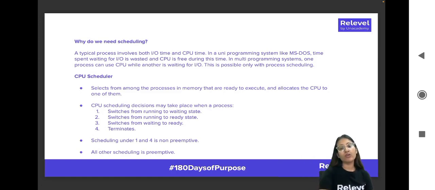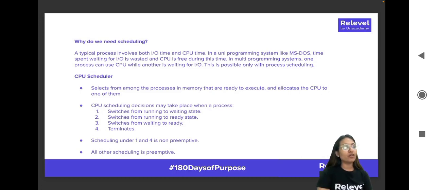So what we do is introduce the multi-programming system, wherein if a process is waiting for a particular input-output operation and the CPU is free, instead of keeping the CPU free, we introduce another process in the system which can take up the CPU resources.